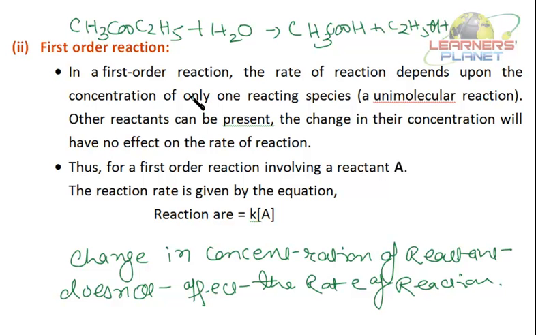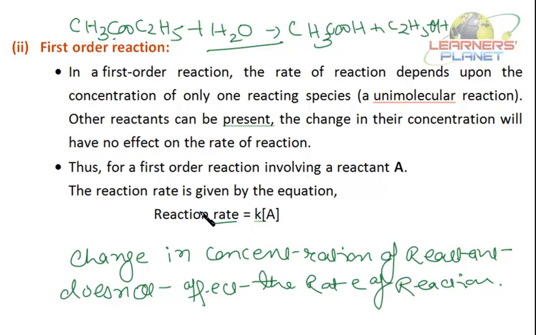Now in this case, the rate is only dependent on the change in concentration of ester and not the change in concentration of water. That is, when the rate depends on the change of concentration of only one reacting species, it is a first order reaction.